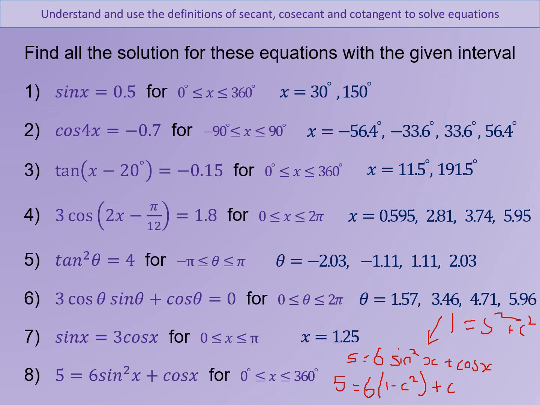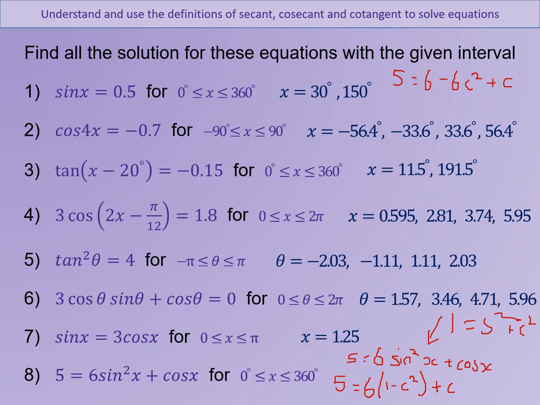So I'm going to go to the top of the page just because I've got more space. So I'm going to write it as 5 equals 6, I'm going to expand the bracket, minus 6 cos squared plus cos.